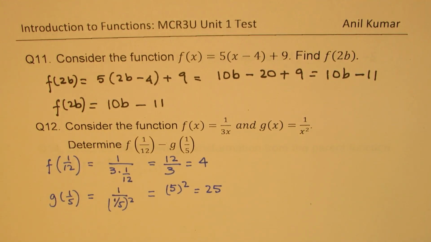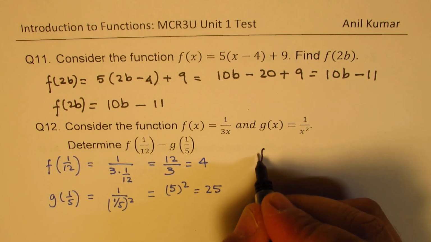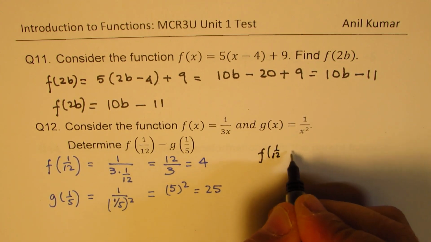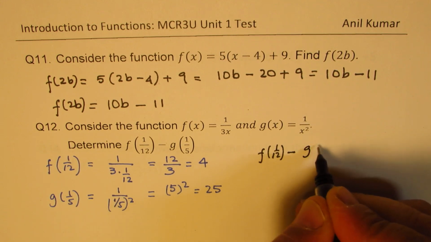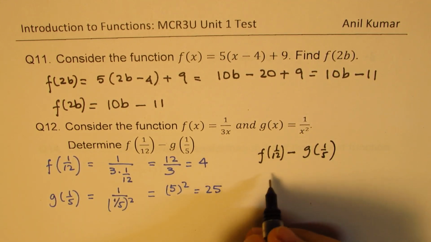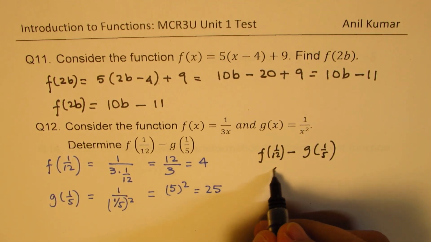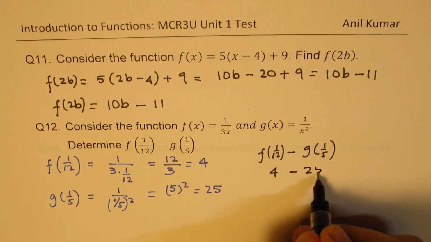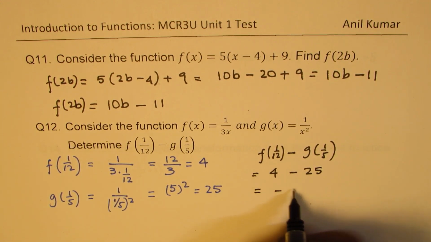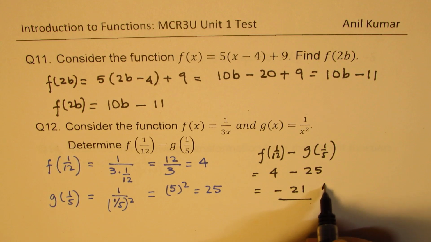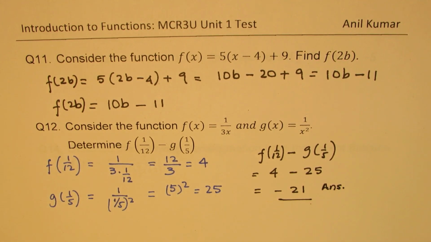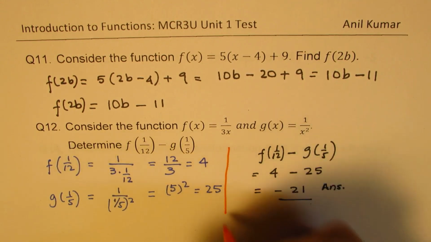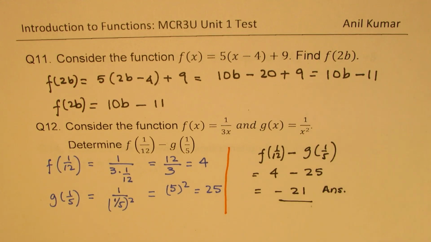We need to find f of 1 over 12 minus g of 1 over 5. So we substitute these values. We have 4 minus 25, and that equals minus 21. So that is our answer. Is that clear? So these are the steps involved to solve this type of question.